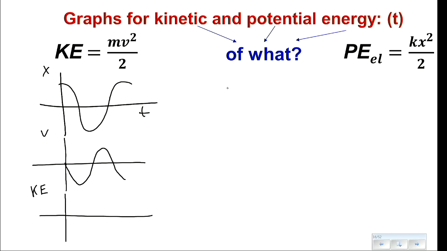We need to square speed. When the speed was negative, we square it, we make it positive. When the speed was positive, we square it, it remains positive. This is the graph for kinetic energy. That's it.